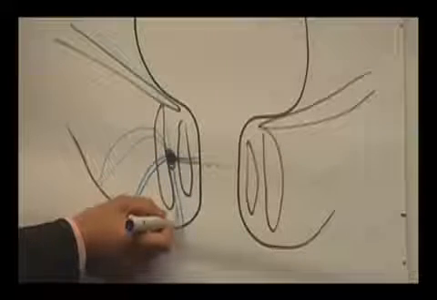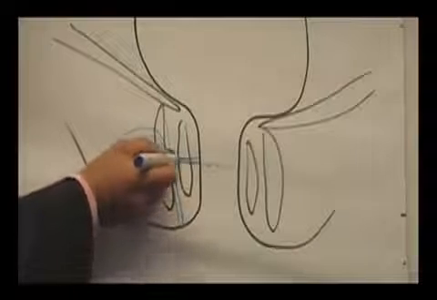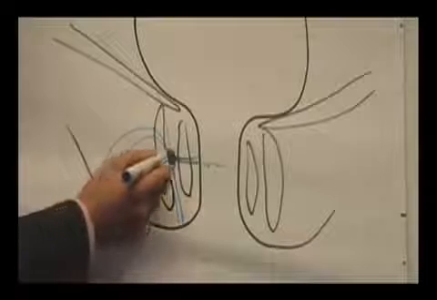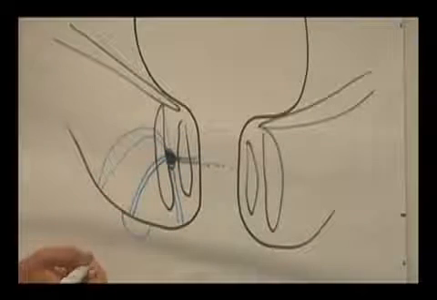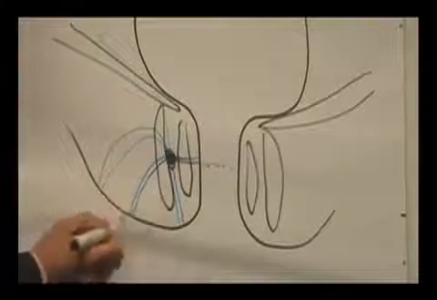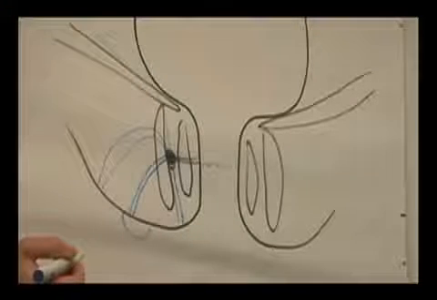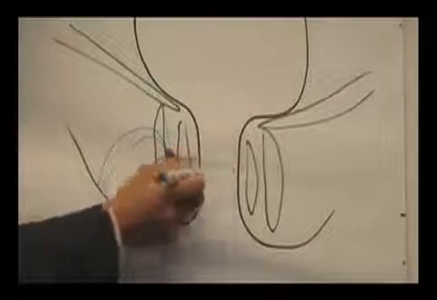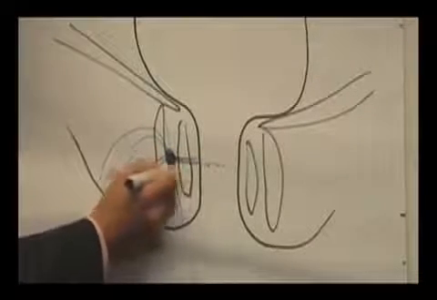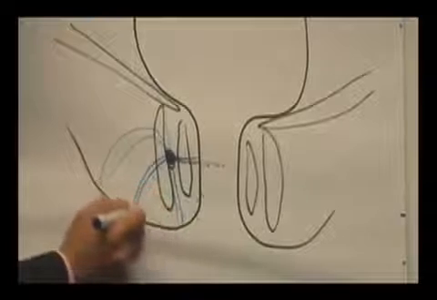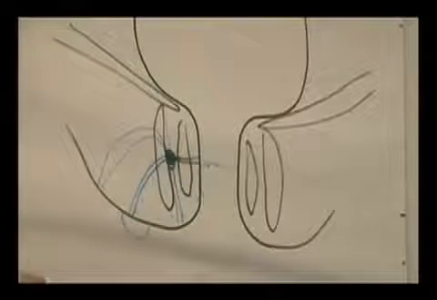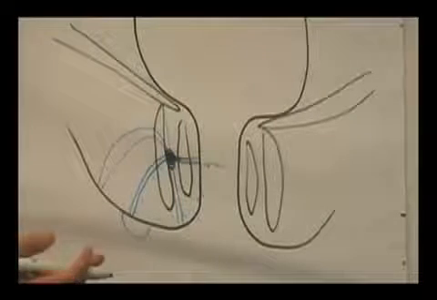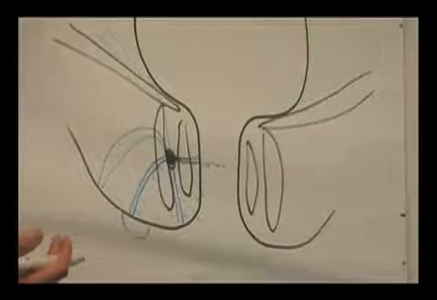If the tract is low, so this one here, the intersphincteric one, so it only goes across a bit of internal sphincter, or across the lower third or so of the external sphincter, then the best way to do it is to put the patient off to sleep, do an examination under anaesthesia, put a probe along here, and then cut down onto the probe, scrape all the gunk out of the tract, and then leave it to heal by secondary intention, so it heals by itself with or without packing depending on local preferences.